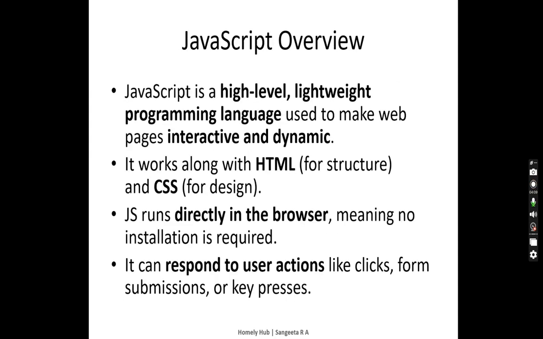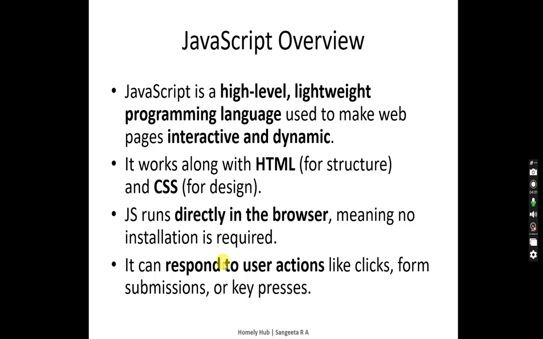Next, coming to JavaScript, the overview of JavaScript is that it is a high level and lightweight programming language used to make web pages interactive and dynamic. It works along with HTML and CSS. JavaScript runs directly in the browser, meaning no installation is required.